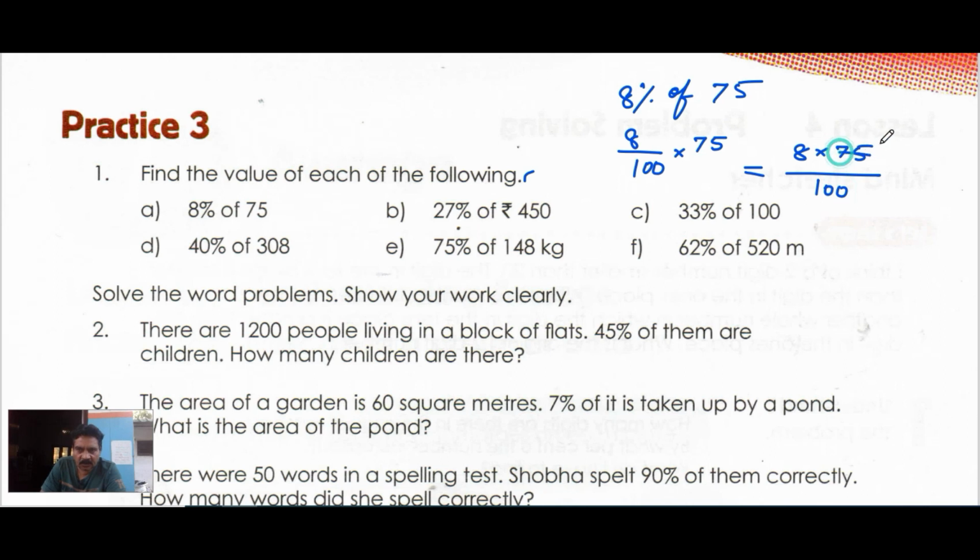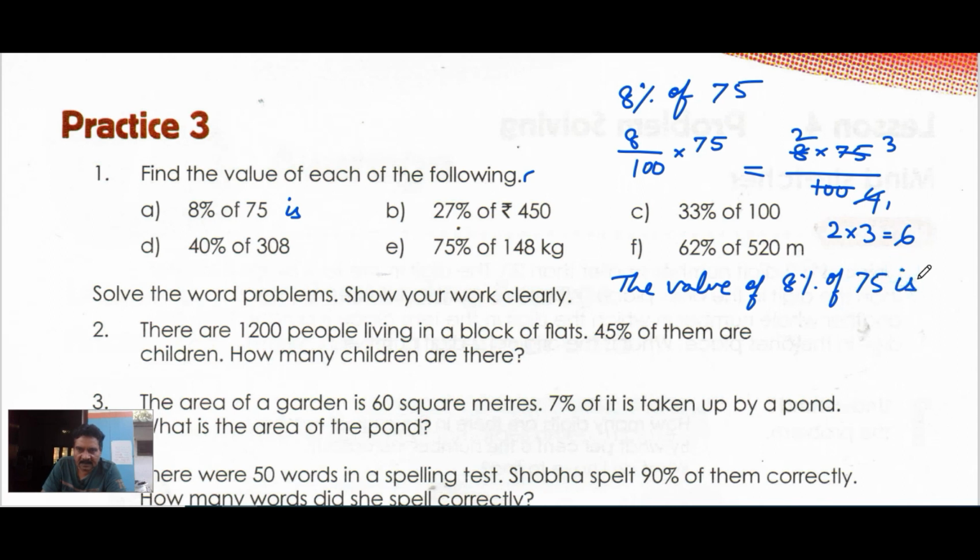Now here 25 3s are 75, 25 4s are 100, right? 4 1s are 4, 2 1s are 2, so 2 into 3, 2 3s are 6. So the value of 8% of 75 is, you have to write down like this at the end. The value of 8 percent of 75 is 6. In this way you have to write down.